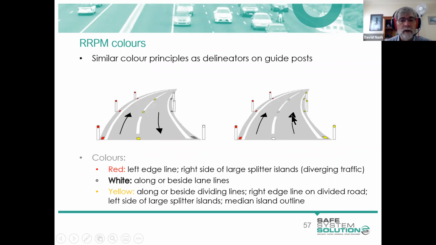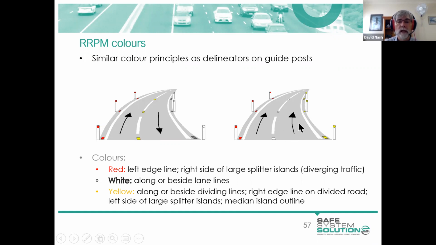So this is the same diagram as before, and the colour of the RRPMs reflects the same colour as the delineators on the guideposts. Red on the left and yellow in the middle of the road if it's a two-way road, but white if it's a lane line.